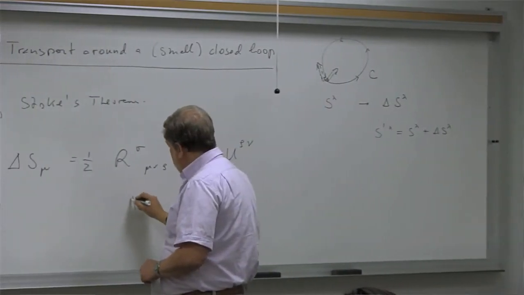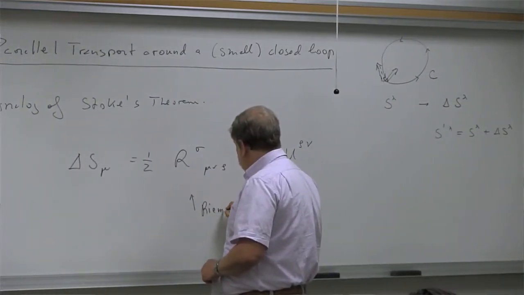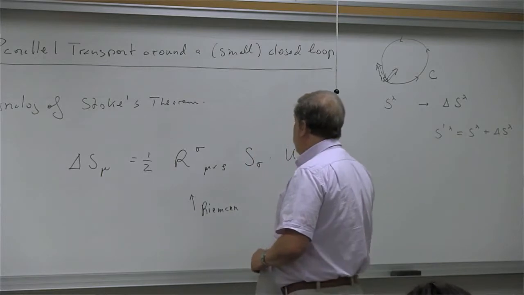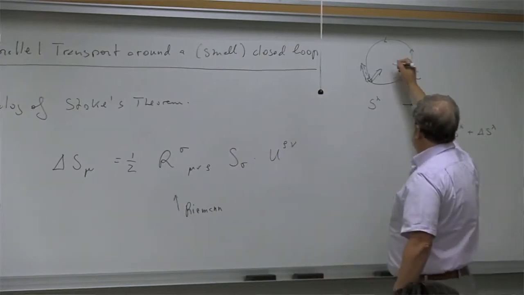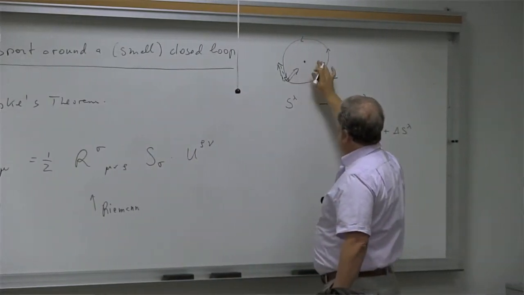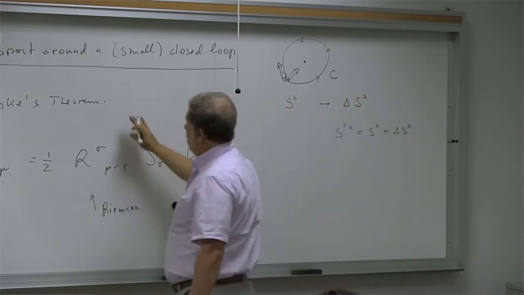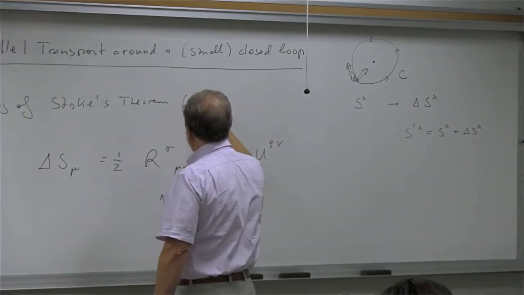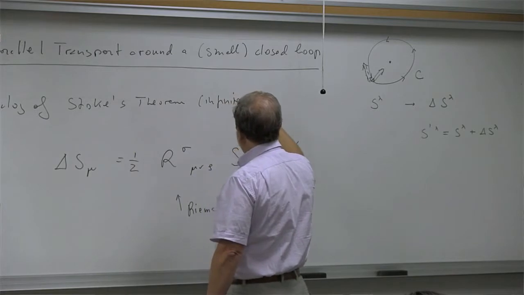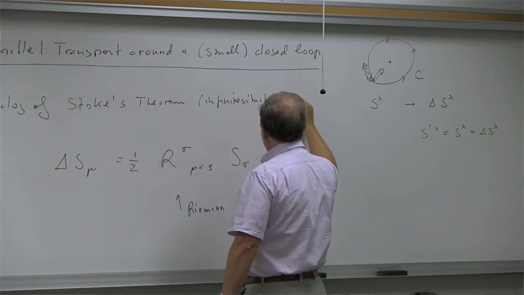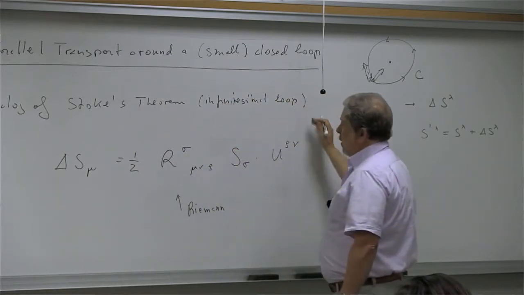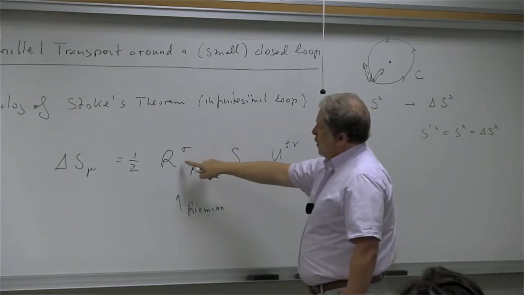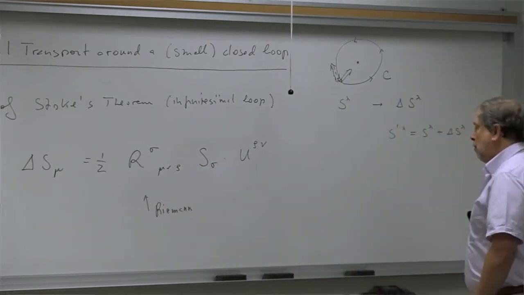So this part is the Riemann tensor, right, at that point. Well, where? Well, around the origin here. It's an infinitesimal loop. So the x here refers to the center of the loop.